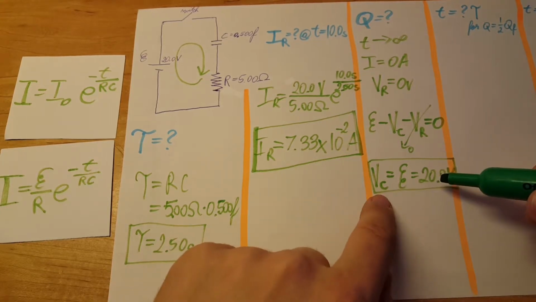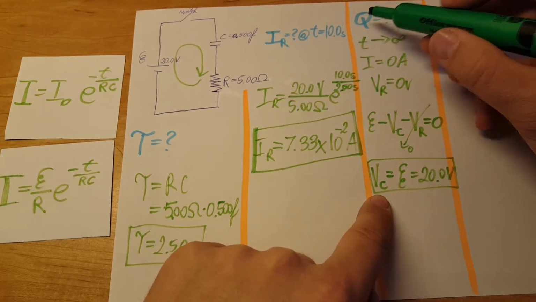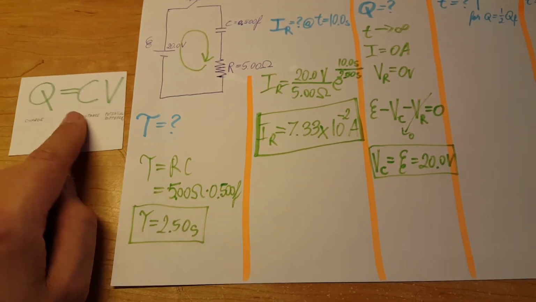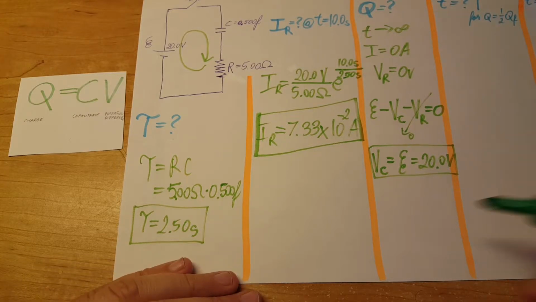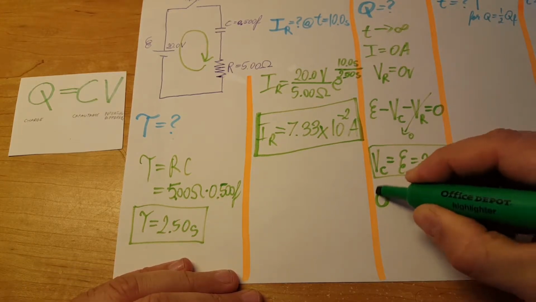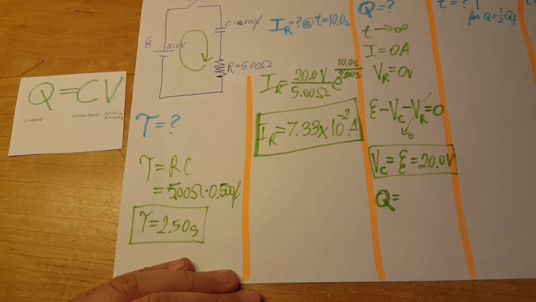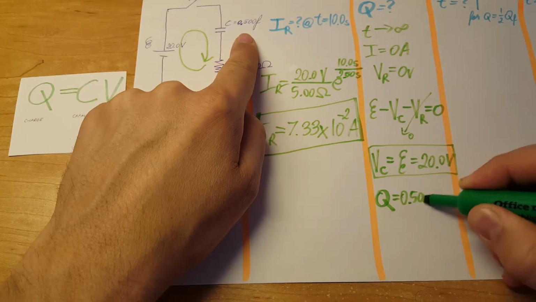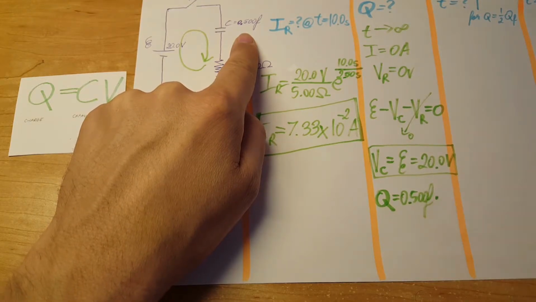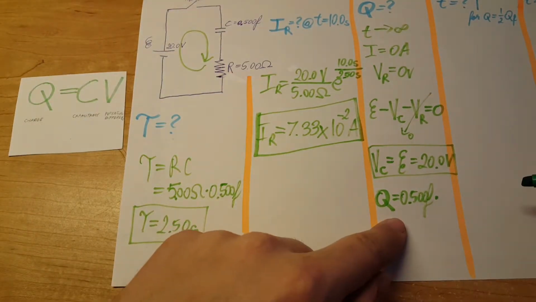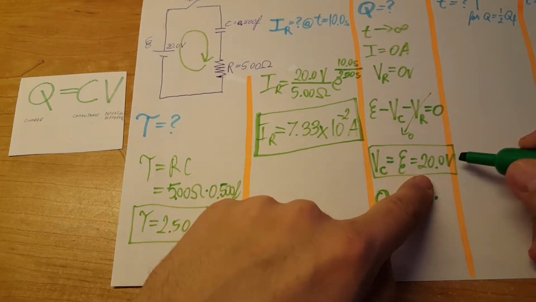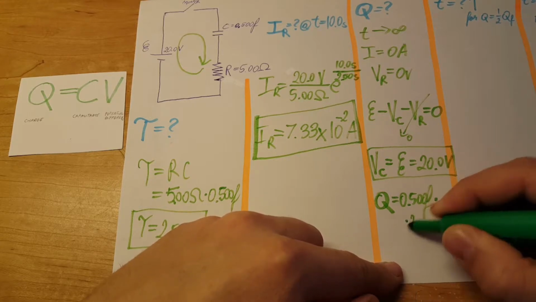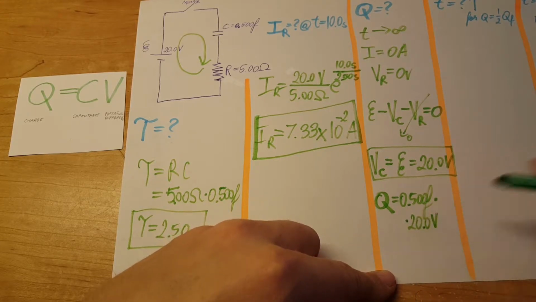And now we're gonna use this V to find our Q. So for this one we're gonna use this formula, Q equals CV. So to find our Q, C is given, 0.500 farads times our voltage, what we just found, 20 volts.